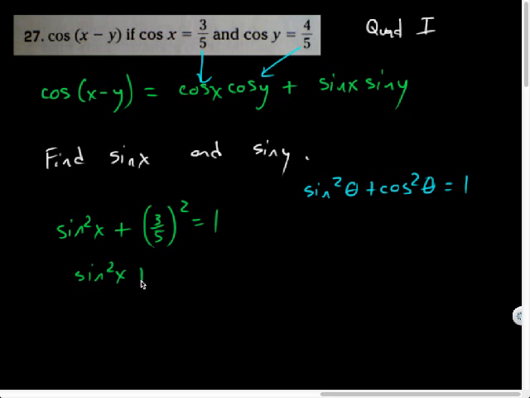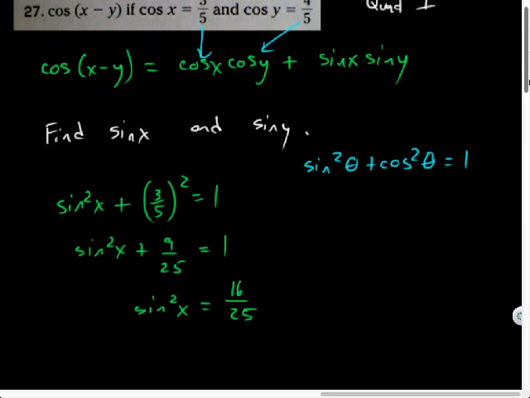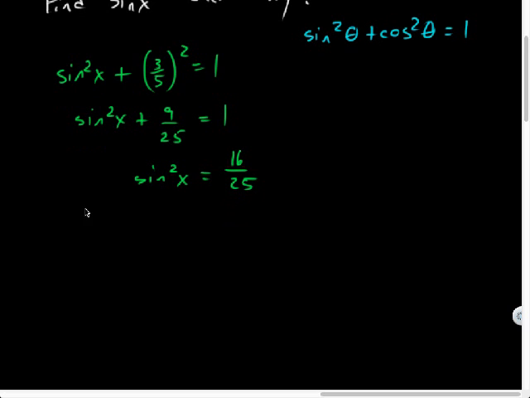Sine squared x plus 9/25 equals 1. Sine squared x, if I subtract 9/25, what's that going to be? Is that 16/25? I believe so. Were they oh so kind to us? Oh, yes, they were. Root both sides. Root plus or minus, technically. And I'm going to get sine x is equal to 4/5.